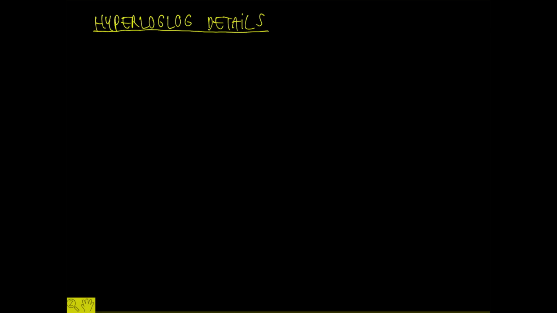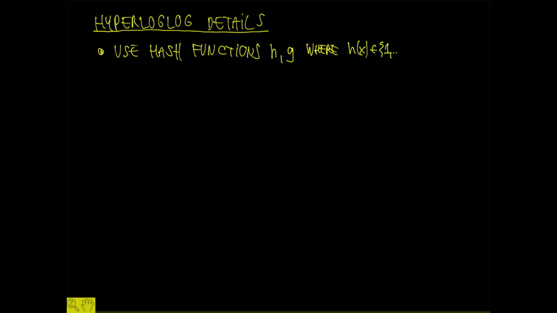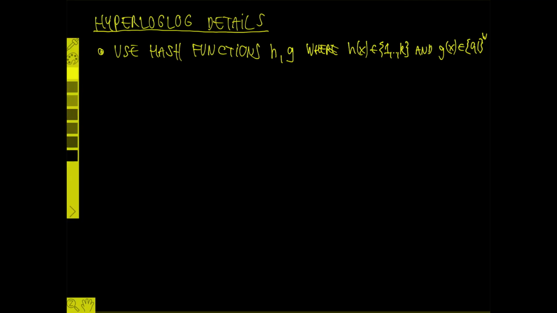Let's look at the details of how this works. We're going to use two hash functions, let's call them h and g. Here h has a range of size k, which will determine the space usage, and g has a large range, let's say w-bit numbers, where 2 to the w is much larger than n.